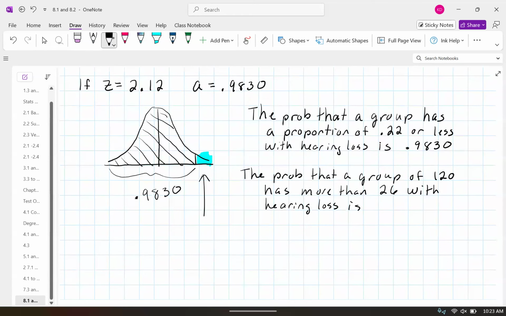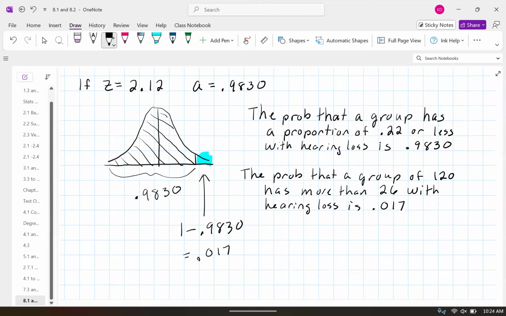So this would be 1 minus 0.9830. That says less than a 2% probability that our group is going to have more than 26 people in it.